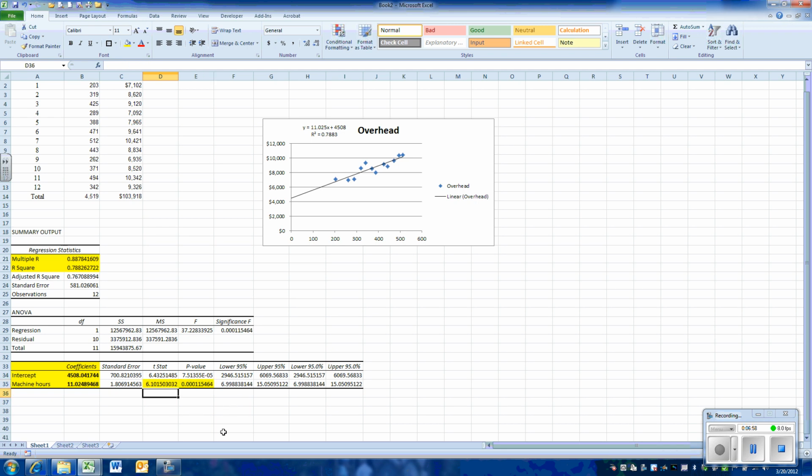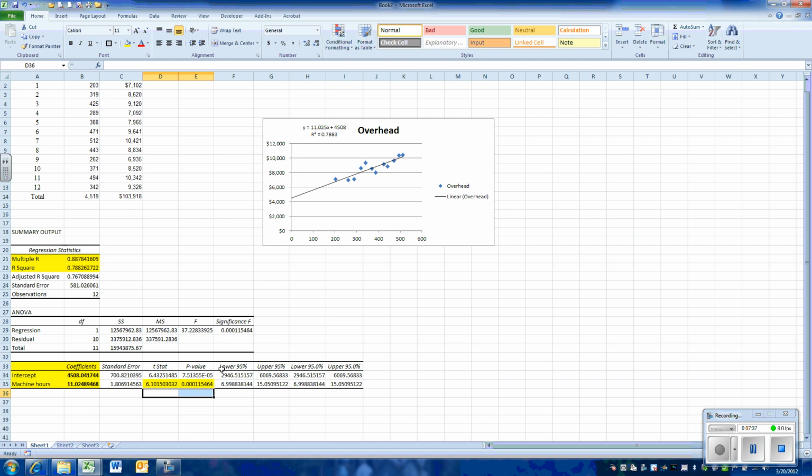For our T-stat, the general rule of thumb is that we consider this to be acceptable if the T-stat is greater than 2. And here 6.1, that's very good. For our p-value, if this number is very close to 0, that also says that we have a nice fit around our linear line. So we can be pretty confident using this cost equation to predict total overhead cost.